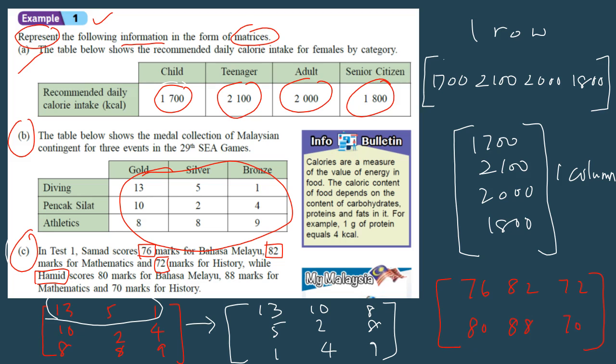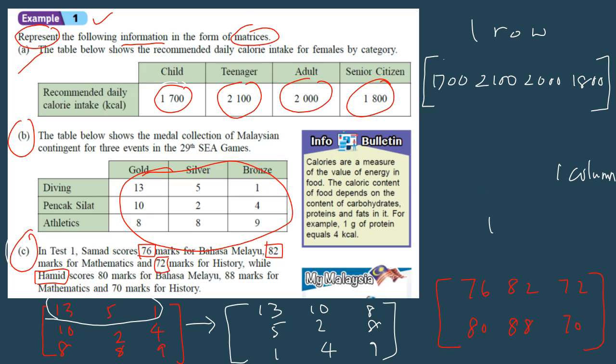Or you want to write like this, also can. 76 for BM, 82 for maths, and 72 for history. This is for Samad.